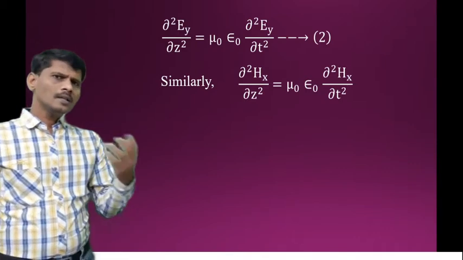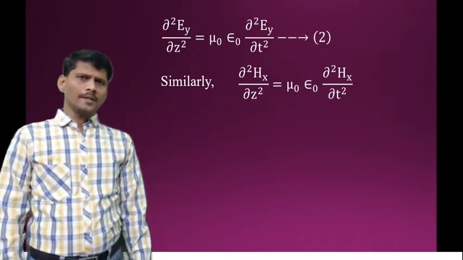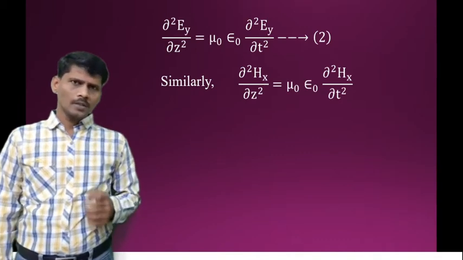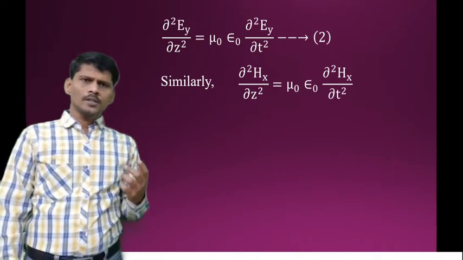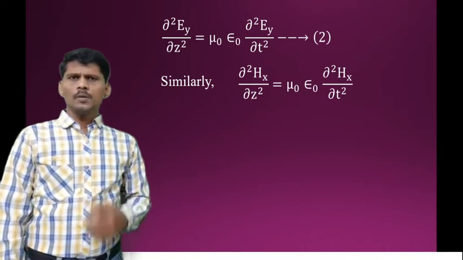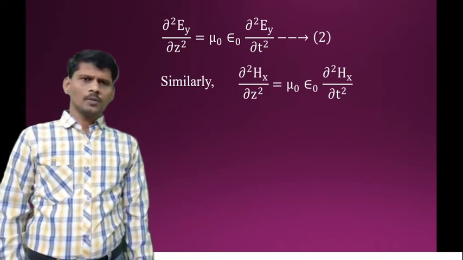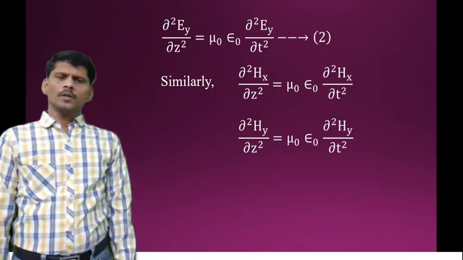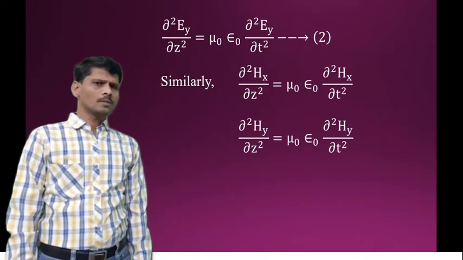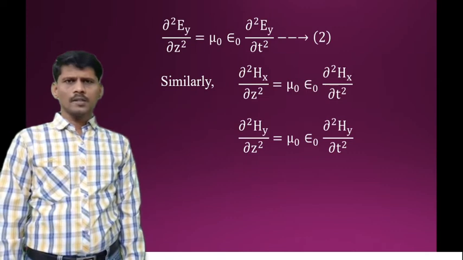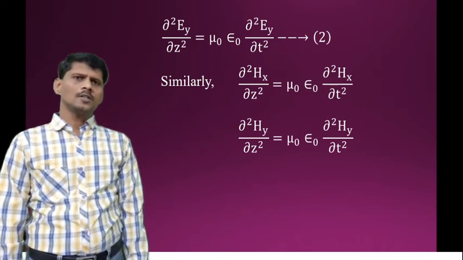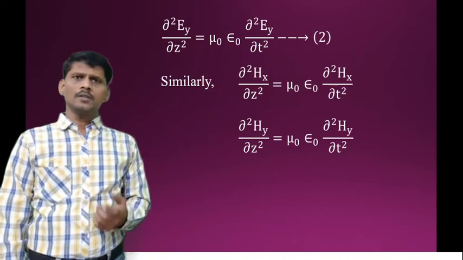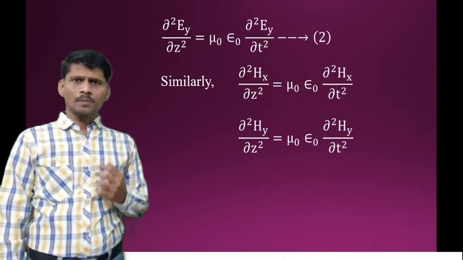Similarly in the magnetic case, if the magnetic field intensity H bar is propagating in the z direction, then dou square Hx by dou z square is equal to mu naught epsilon naught dou square Hx by dou t square, and dou square Hy by dou z square is equal to mu naught epsilon naught dou square Hy by dou t square, after applying the uniform plane wave conditions.